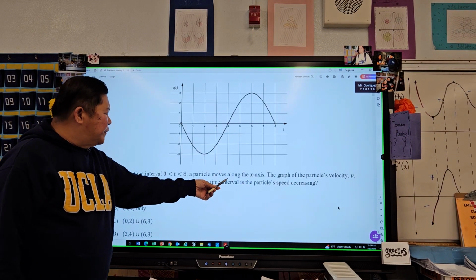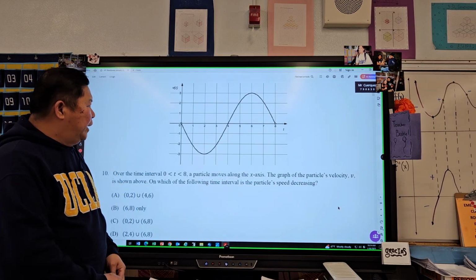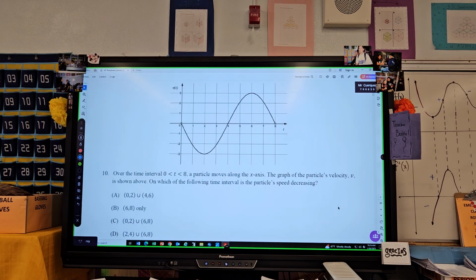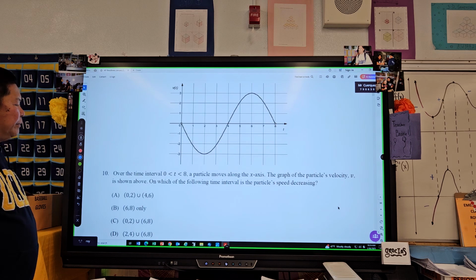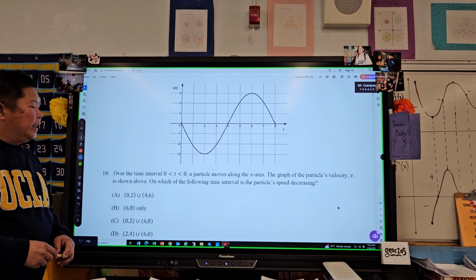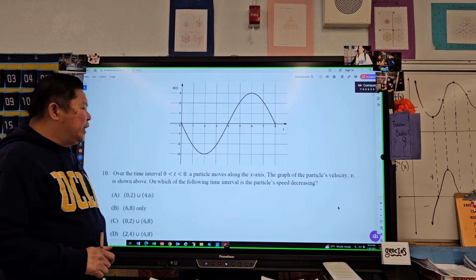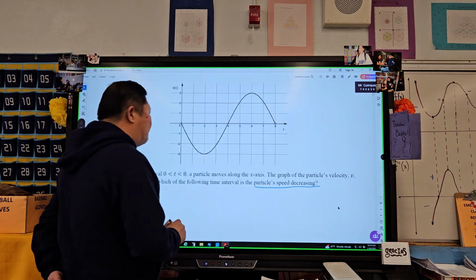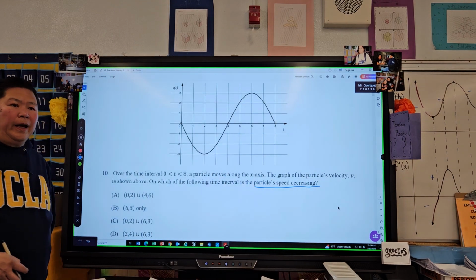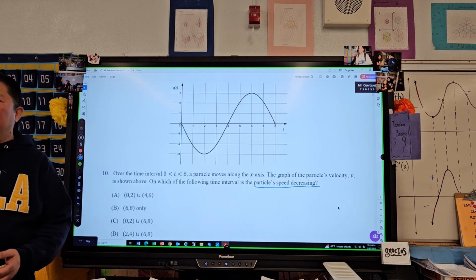A particle moves along the x-axis and the graph of the particle's velocity is shown above. On which of the following time intervals is the particle speed decreasing? So particle speed is decreasing.